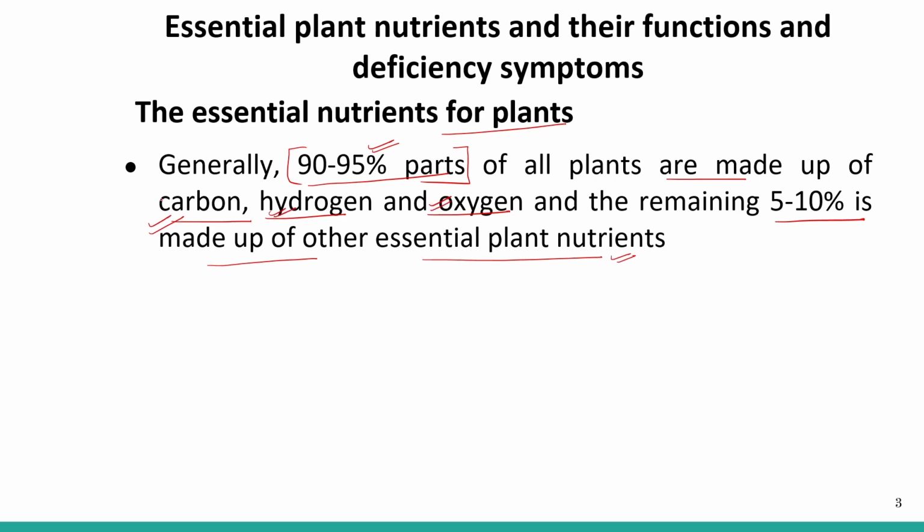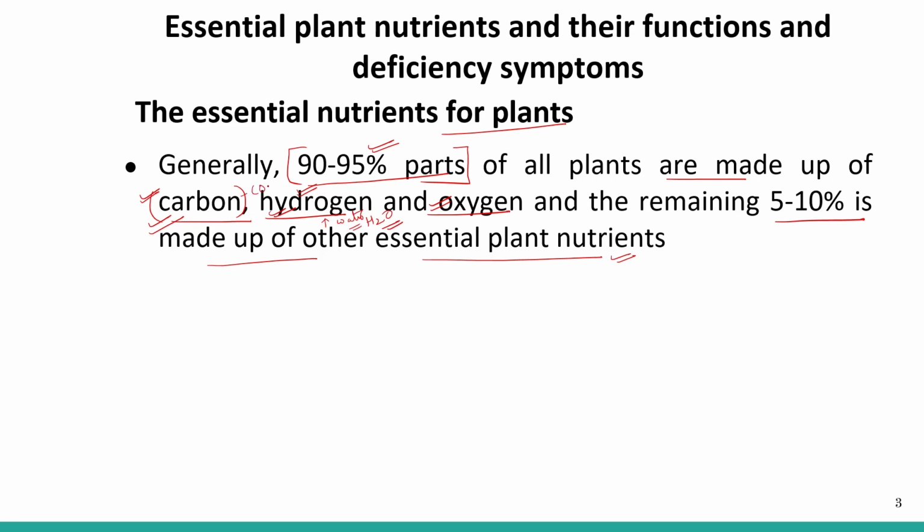Carbon dioxide is the source of carbon, and also of oxygen, and then there is hydrogen. Plants absorb water from the soil with the help of roots. Water contains hydrogen and oxygen, so the plants get hydrogen from the absorbed water.